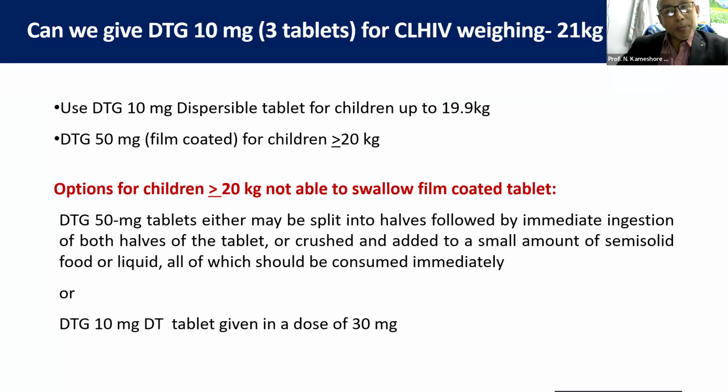So this is the recommended option. Or if we cannot do that at all, we can give 10 milligram DT dispersible tablet in a dose of 30 milligram, because 30 milligram DT is equivalent to 50 milligram film-coated DTG tablet.